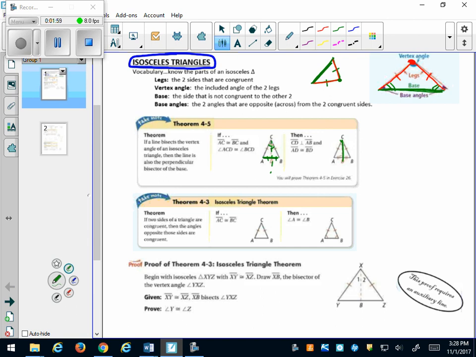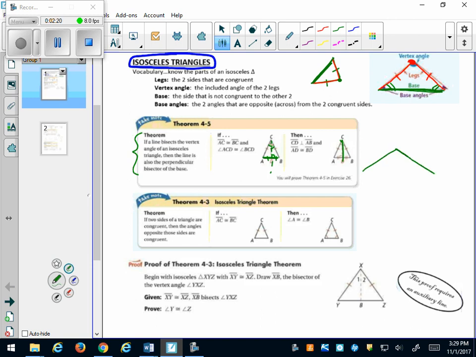Not only is it bisecting the base, but it is going through that base at a right angle. So this theorem doesn't have a name, but it says if a line bisects the vertex angle of an isosceles triangle, then the line will be the perpendicular bisector of the base.